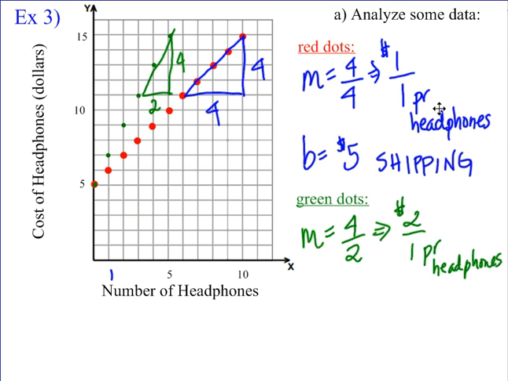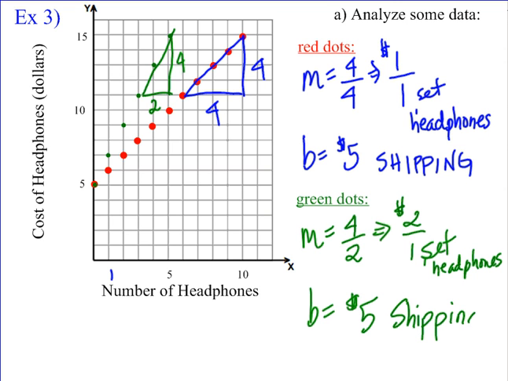And the idea of pair, maybe using the word set might be a little bit better, so let me change that. Instead of pair, people think 2, so we'll say 1 set of headphones for both. Okay, and again for the green dots, it has the same thing where it's $5 for shipping.